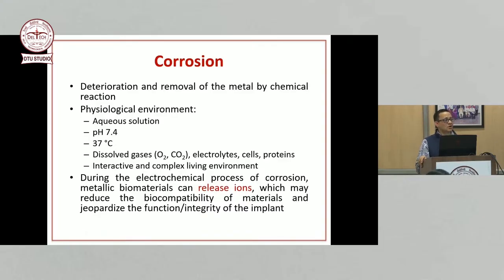Also keep in mind, a little bit off topic, if you are testing a urinary catheter, we want to test it with an artificial urine or something, right? If you want to test your material for blood application, you want blood or plasma proteins when you are testing the material. You want to test that material as close to the real environment where it's going to be used as possible, right?